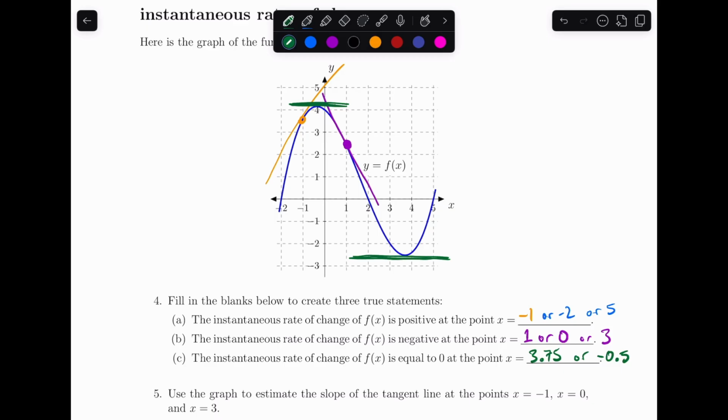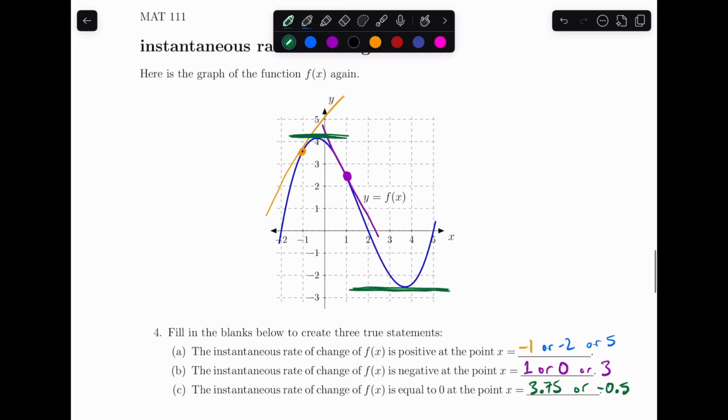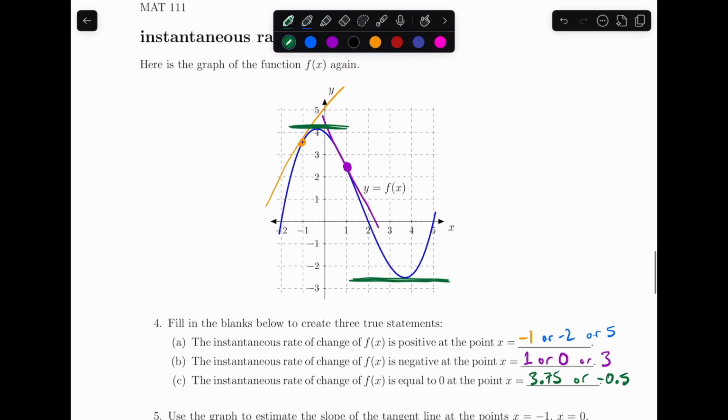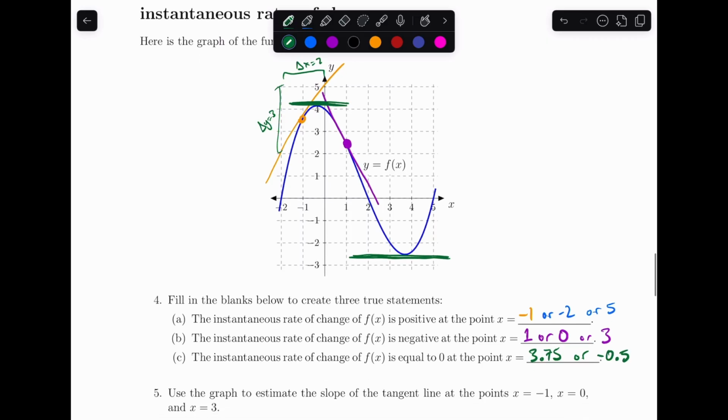All right, so number 5 asks us to actually estimate the slope of some tangent lines. Let's see, x equals -1, we drew this tangent line, and we can just look at that line and say it goes through this point and this point, so that's a change in y of 3 and a change in x of 2, so change in y over change in x, 3 halves.